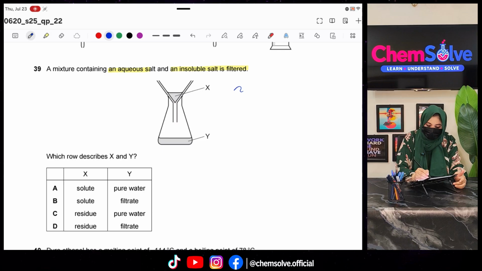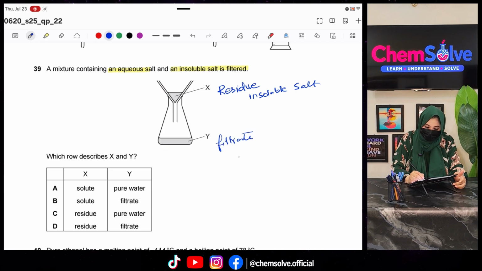At X, it must be the residue of our insoluble salt, while Y would be the filtrate containing aqueous salt. So the correct option should be D.